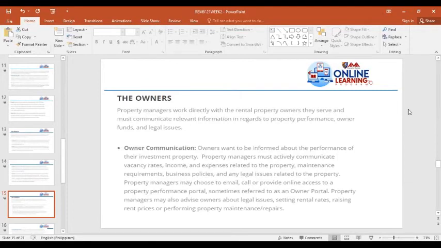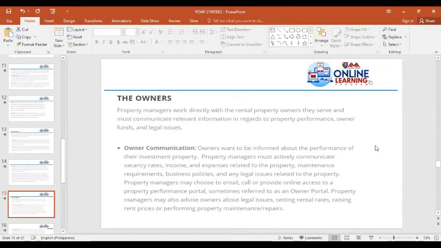Owners want to be informed about the performance of the investment property. So the property manager must actively communicate vacancy rates, income, and expenses related to the property, maintenance requirements, business policies, and any legal issues related to the property.